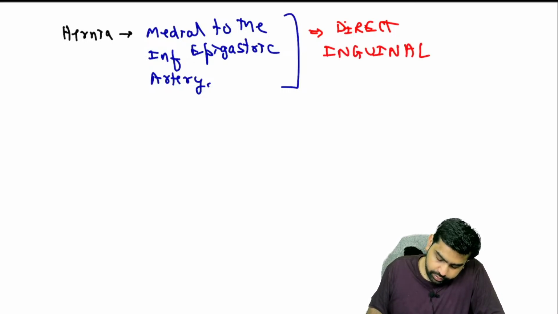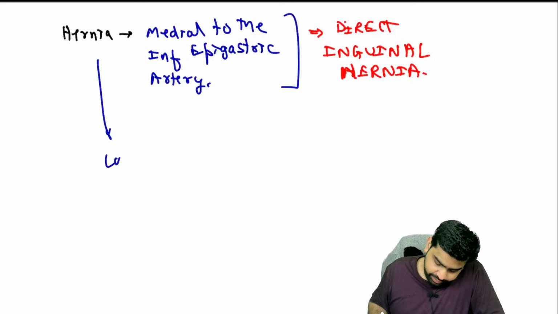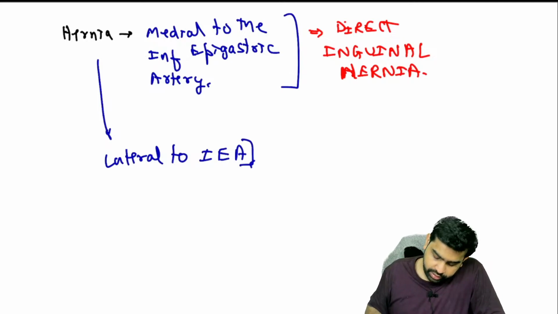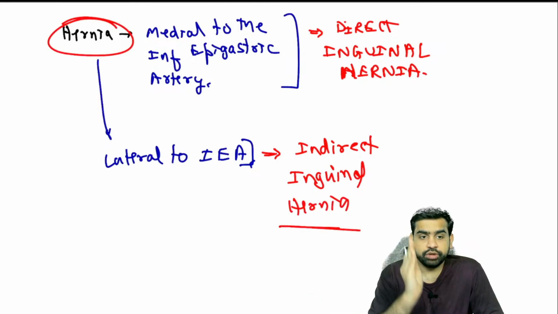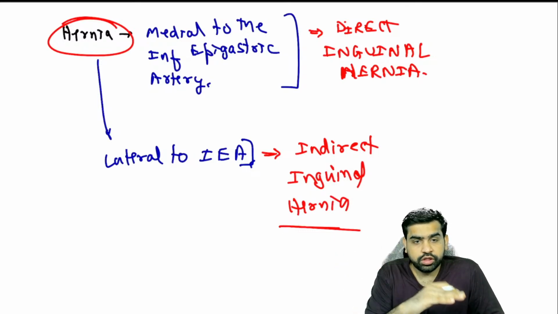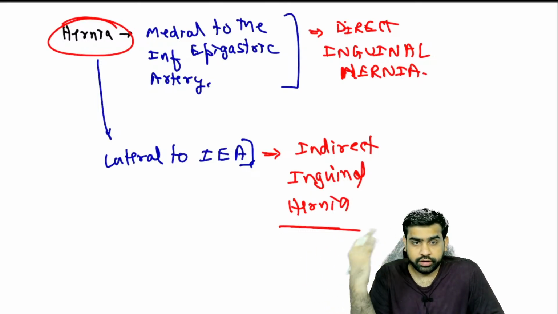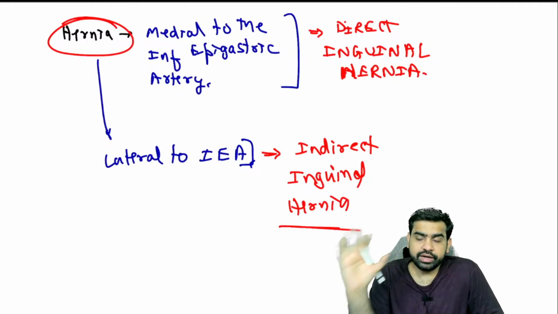And if there is a hernia which is coming lateral to the inferior epigastric artery, this is your indirect inguinal hernia. Do you understand my point? A hernia which is medial to the inferior epigastric artery is a direct inguinal hernia, and one which is lateral to it is an indirect inguinal hernia.